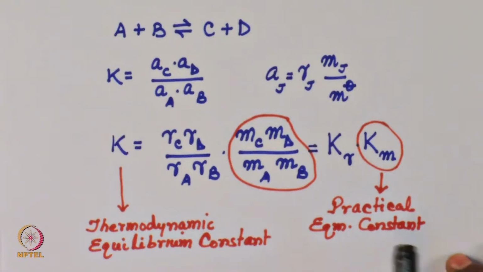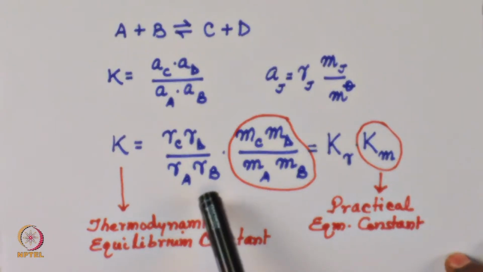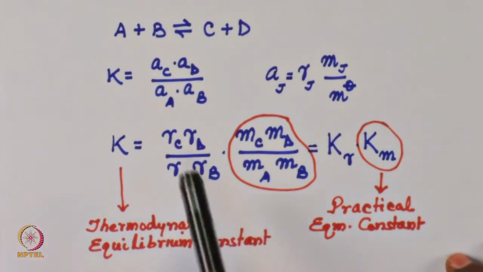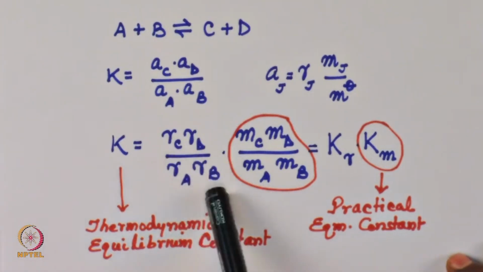So, the practical equilibrium constant can be converted to the thermodynamic equilibrium constant if we know the activity coefficients of the products and reactants at equilibrium composition.